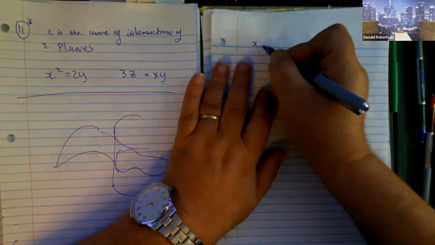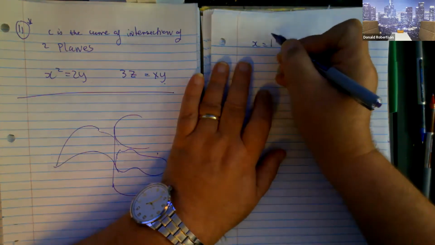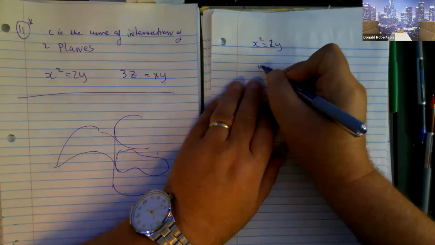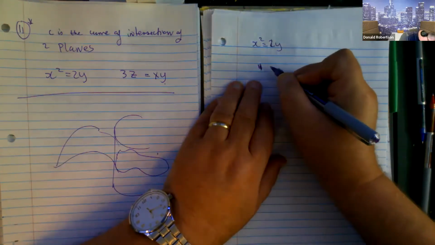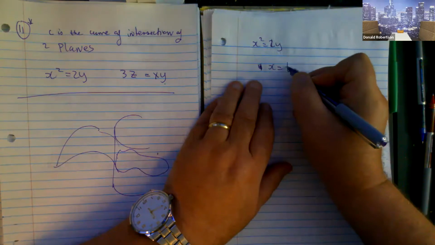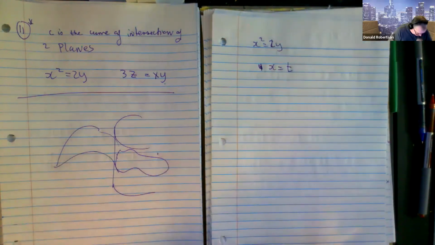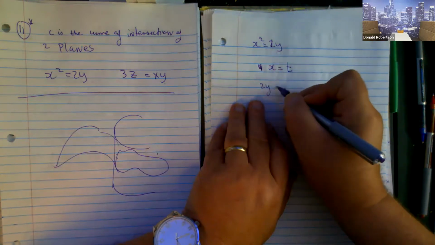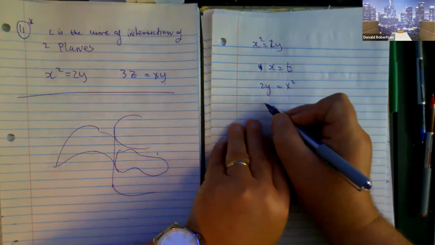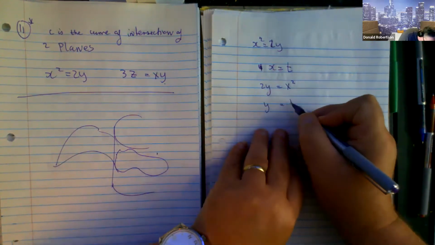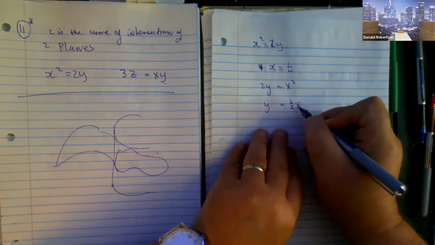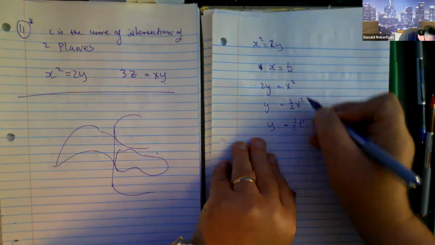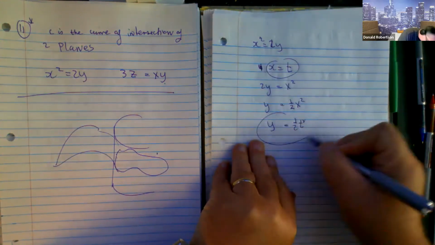So I'm going to take x squared equals 2y, and I'm going to make x equals t. Now, if I make x equals t, then that means 2y will be whatever x squared is, which makes y 1/2 x squared, which makes y 1/2 t squared, because I chose that guy.